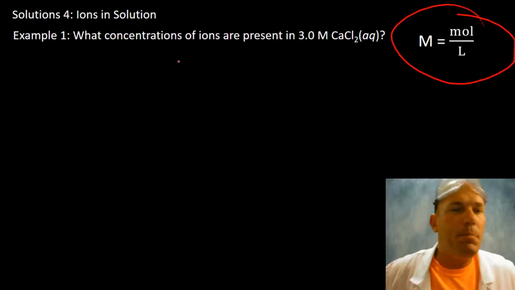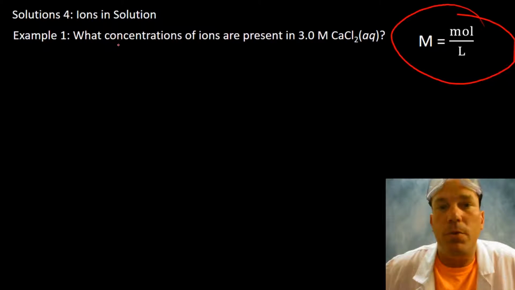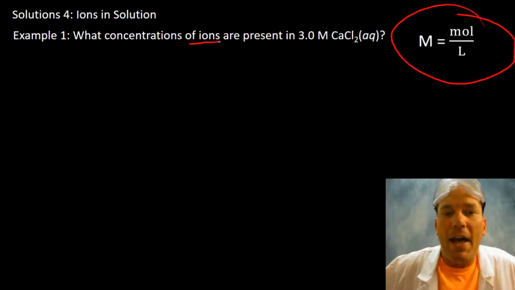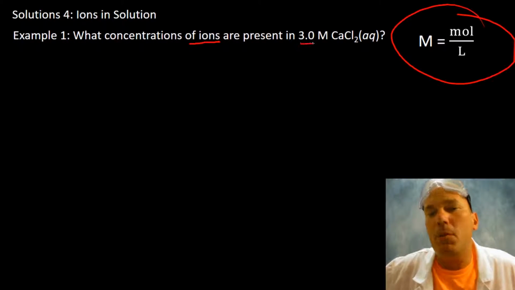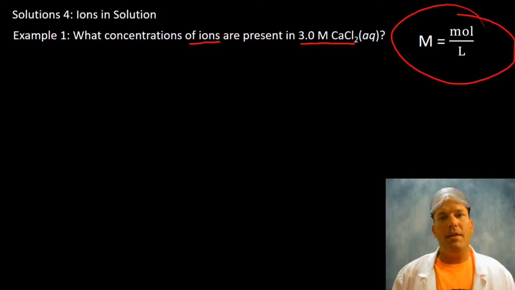And in this problem here, it's asking what are the concentrations, i.e. molarities of the ions that are present, and we're told that we have a 3 molar solution that contains 3 moles per 1 liter.